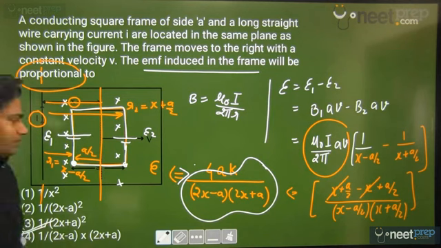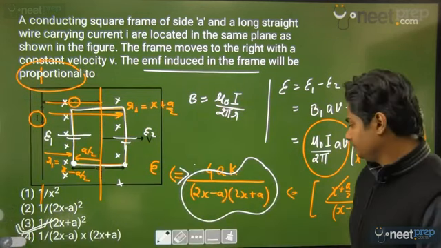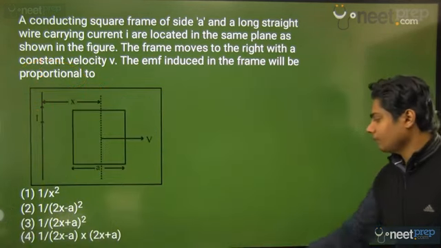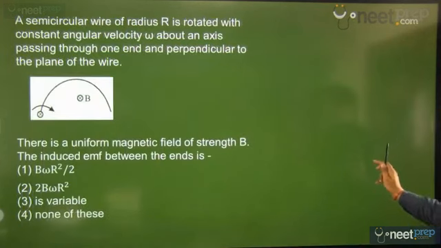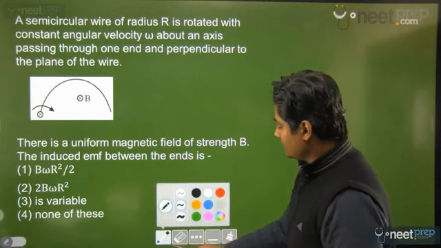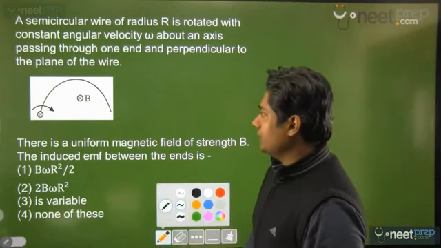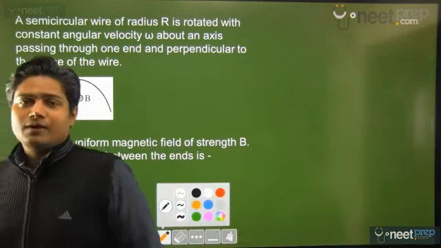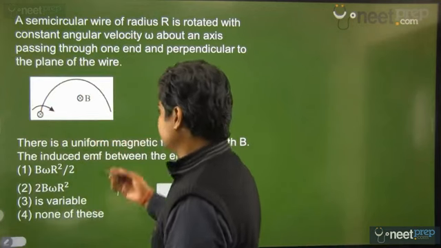Beautiful question again, previous year problem from your exam. In this case we have a semicircular loop which is rotating in a uniform magnetic field, and you have to find the potential difference or EMF induced in this.